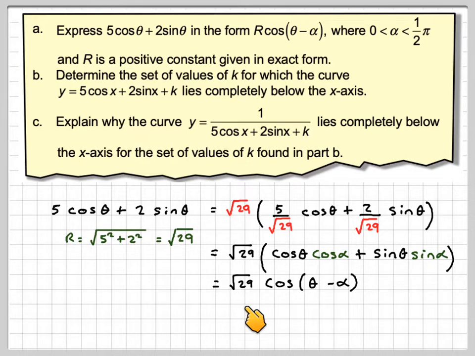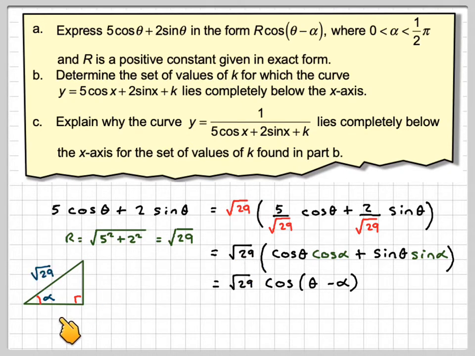That's now root 29 cos(theta minus alpha), because cos theta cos alpha plus sine theta sine alpha is cos(theta minus alpha) using the compound angle formulae. Now, drawing a right angle triangle with angle alpha, this long side here will be root 29.